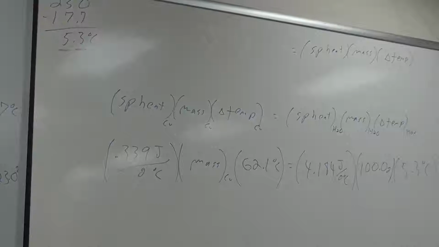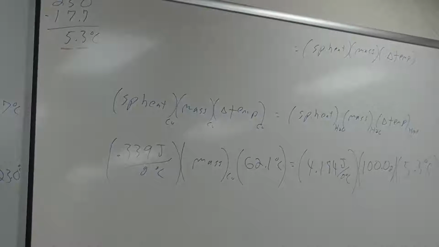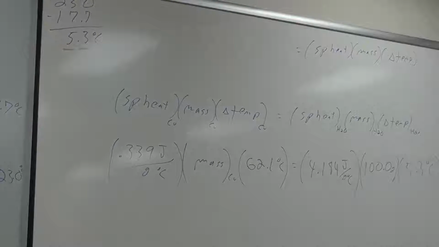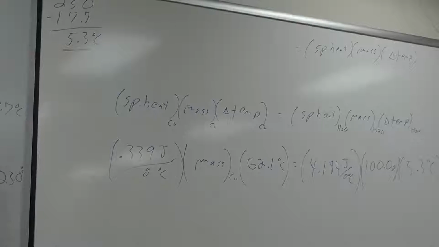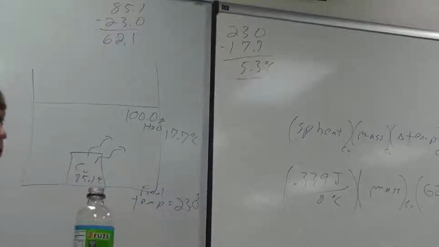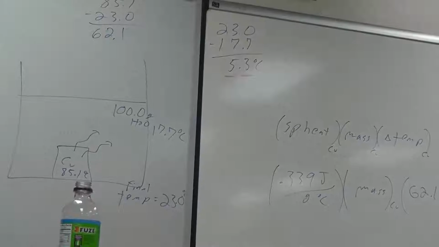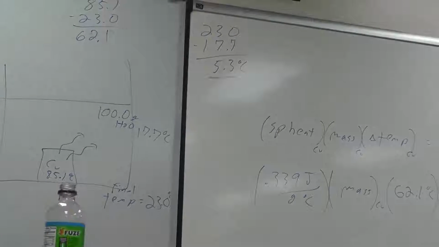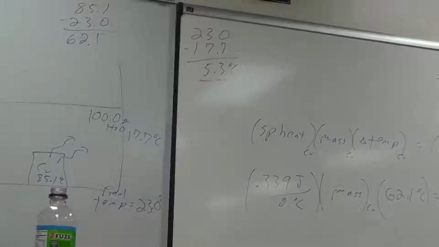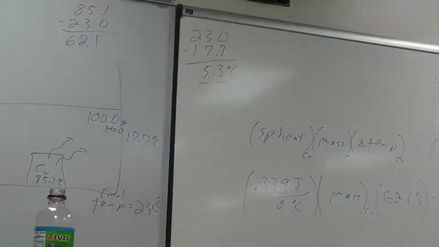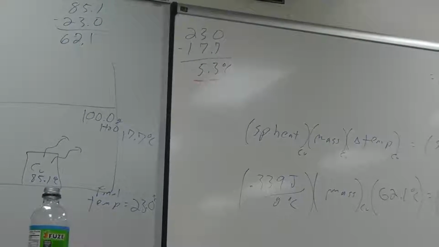Go ahead. Why do you subtract those two temperatures? That's the temperature change for the water. It started at 17.7 but went up to 23. So it went up by 5.3 degrees. That's how much the water's temperature changed.